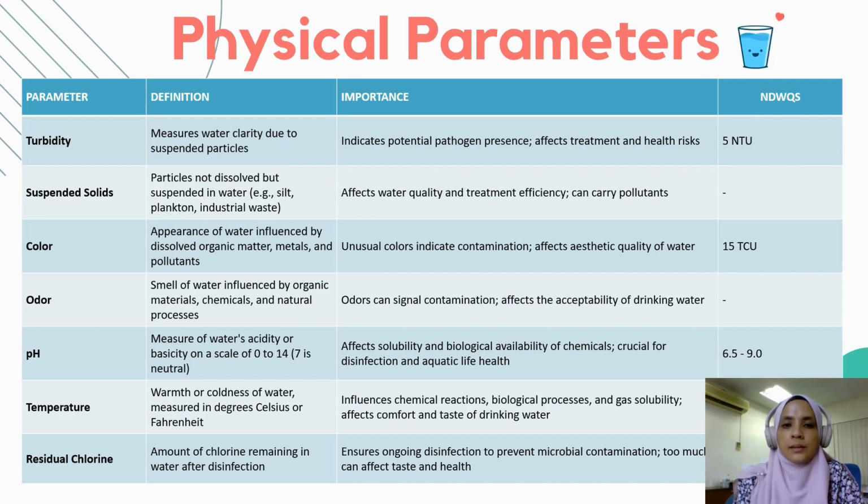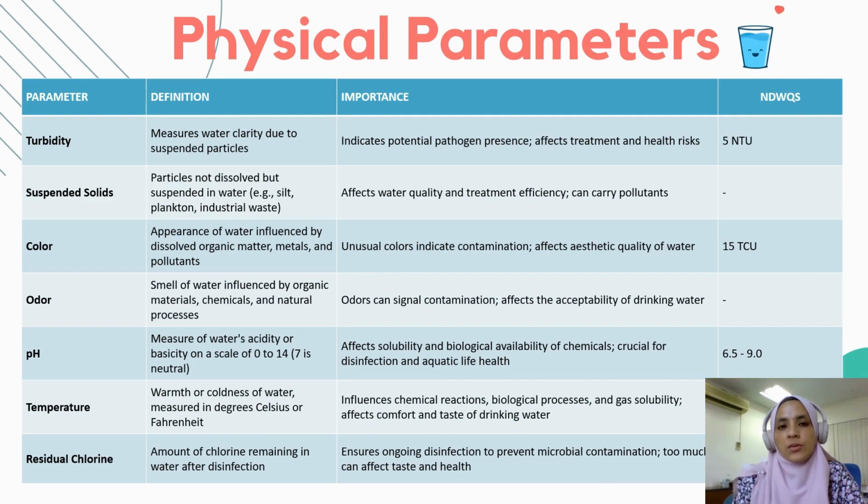being the ideal temperature. And the last one, the most important, is residual chlorine. Residual chlorine refers to the amount of chlorine remaining in water after disinfection. It ensures ongoing disinfection to prevent microbial contamination, but too much chlorine can affect taste and health.